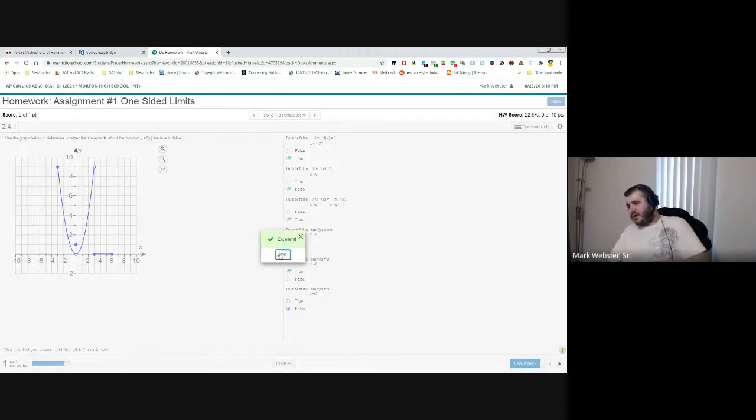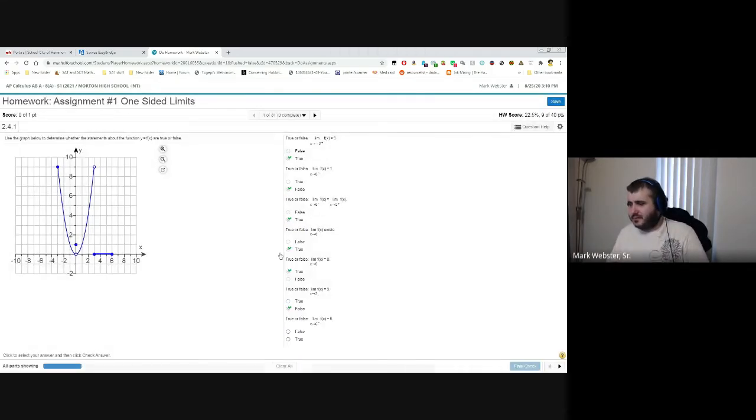Good. And the limit as x goes to 6 from the left is 6. And let's look. So this part doesn't enter into it. We're approaching 6. So we're starting in this spot. And so we're like, okay, well, where's it going? Oh, what's the y value here? It's 0. That's not 6. That's false.